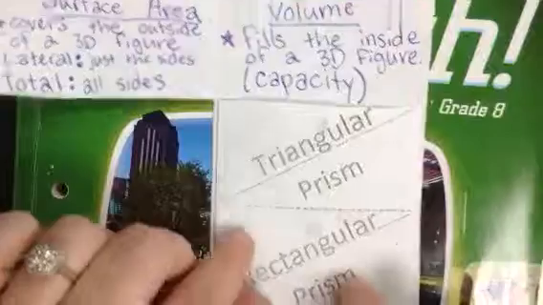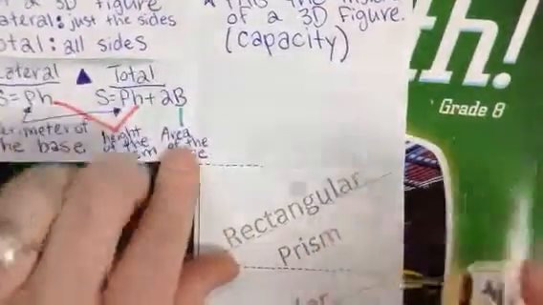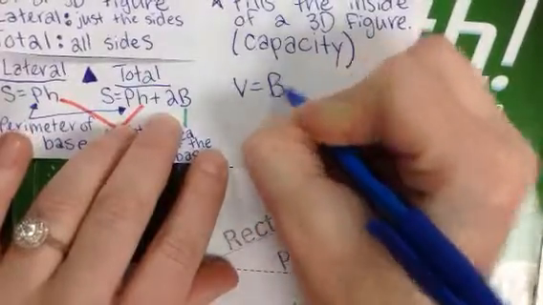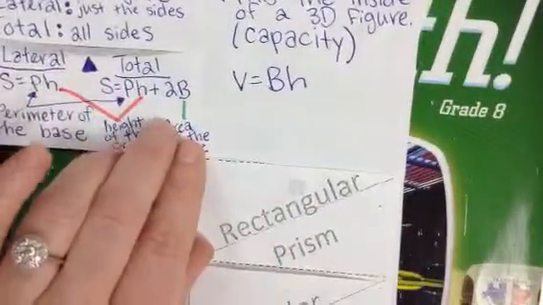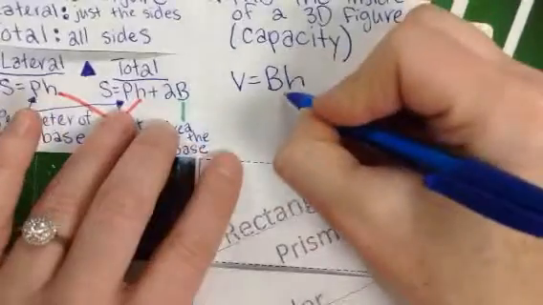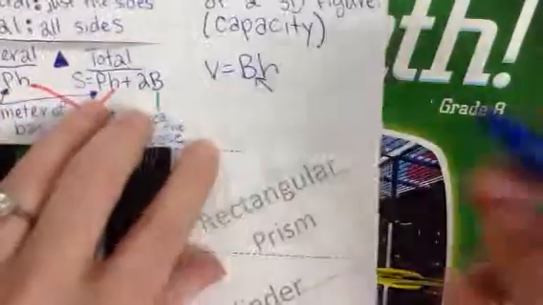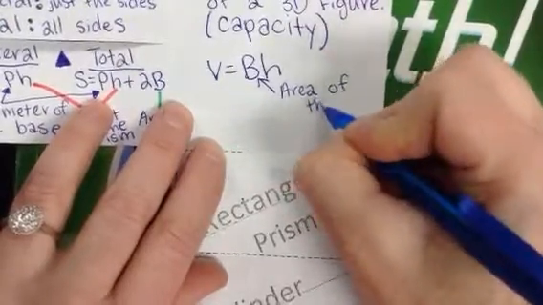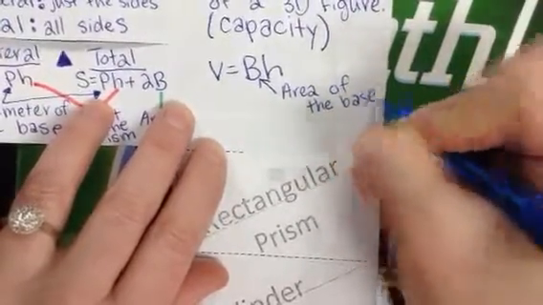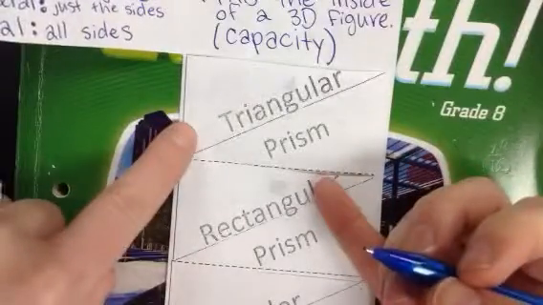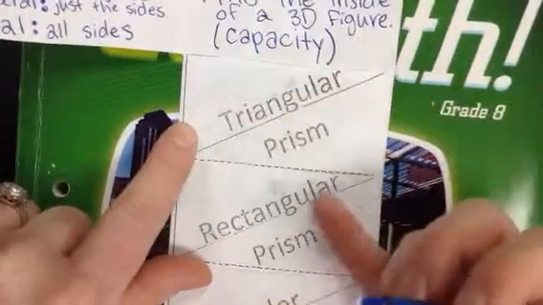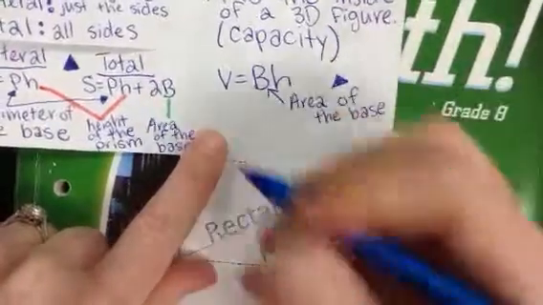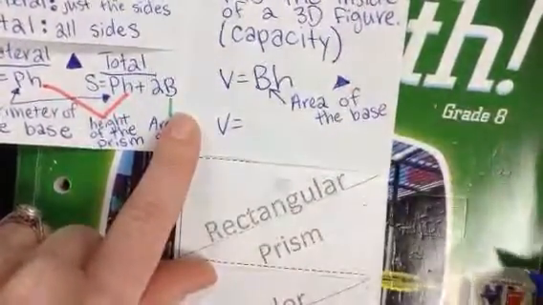So volume of a triangular prism is V equals, remember it's the big B and the little h. So it's real important that you know that this big B stands for area of the base. Since on the triangular prism, remember the name of it tells you what shape the base is, to be getting area of a triangle, you would have to revise this.